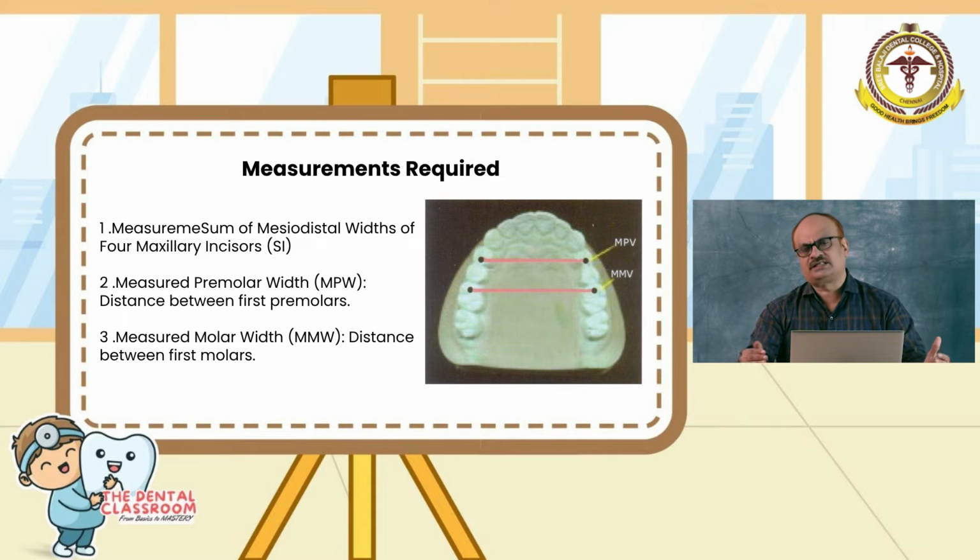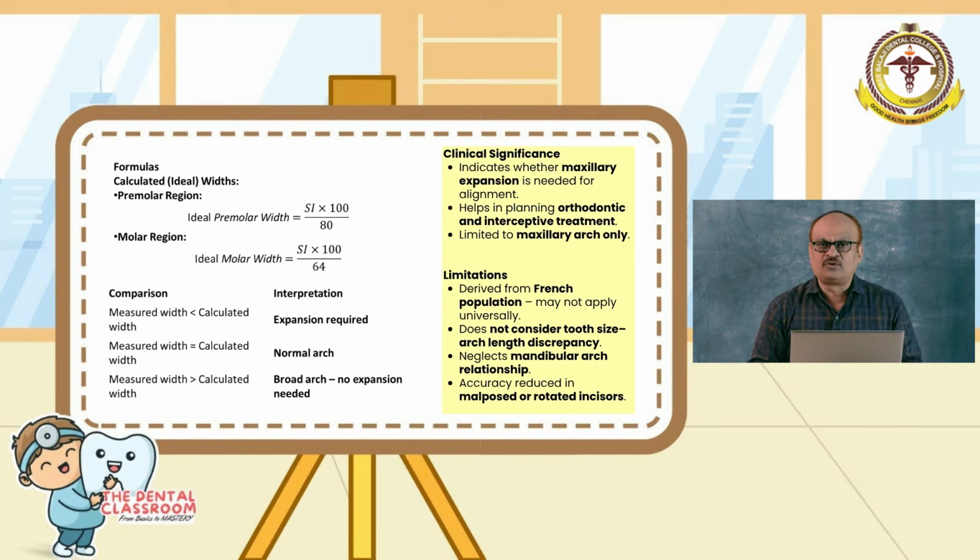Likewise, measure the distance between the mesial pit of one first molar to the other first molar. This he called MMW, or simply measured molar width. Now you have what is exactly present in your patient. Now you have to assess how much arch width should ideally be for this case. So how do you do this? He has given a certain ratio.